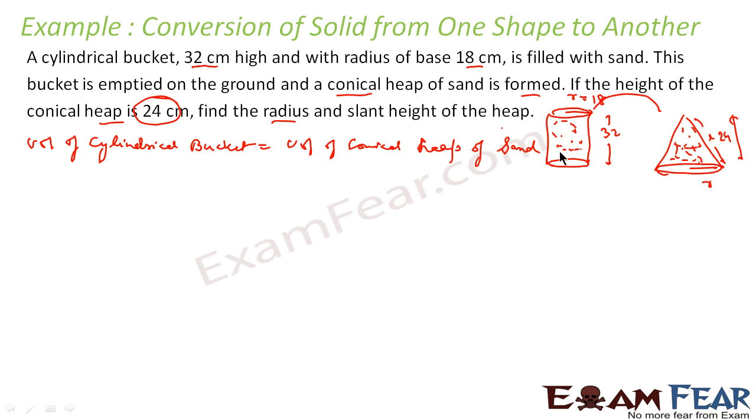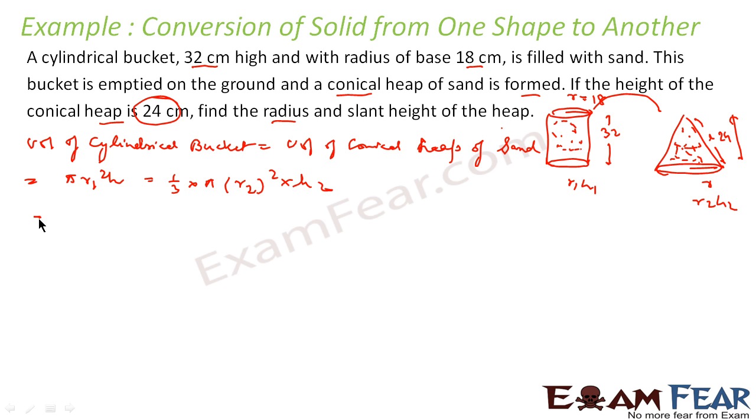Correct? So volume of cylindrical bucket is nothing but pi r1 square h. Let this be r1 h1 and this be r2 h2. So pi r1 square h1, and volume of cone will be 1 by 3 pi r2 square into h2.